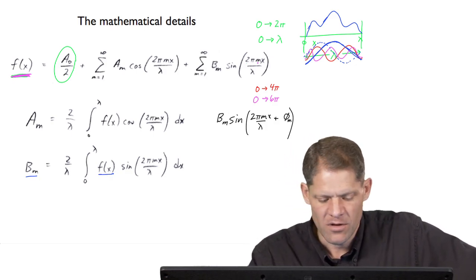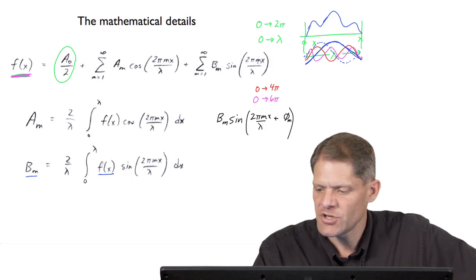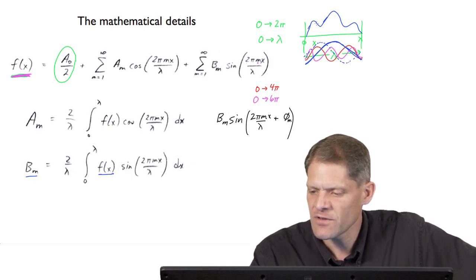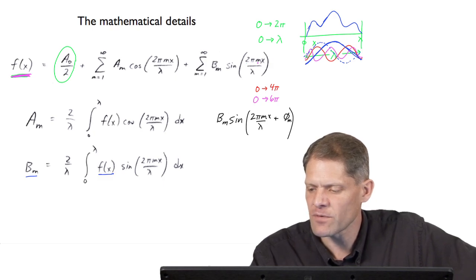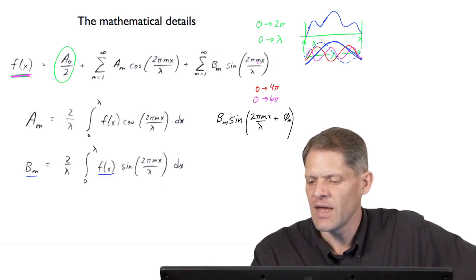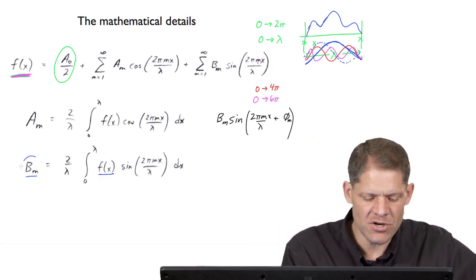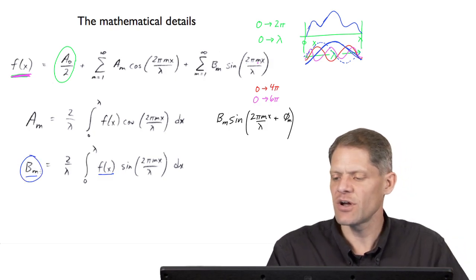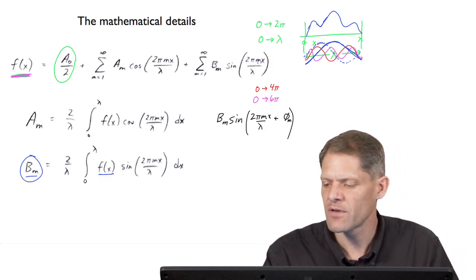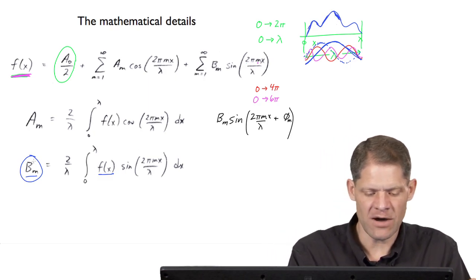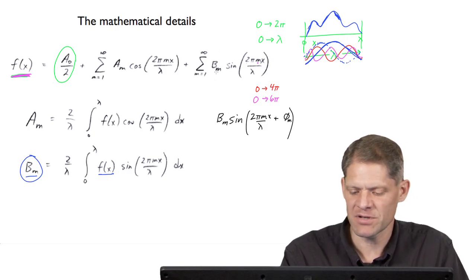And so this second integral is the product of this target function times a sine wave from 0 to 1 wavelength. And this coefficient turns out to be how much of this sine wave is present in the original function that we're trying to reproduce. And that's its amplitude.